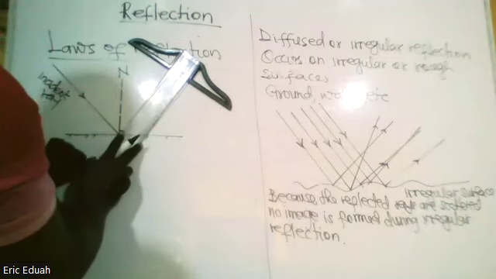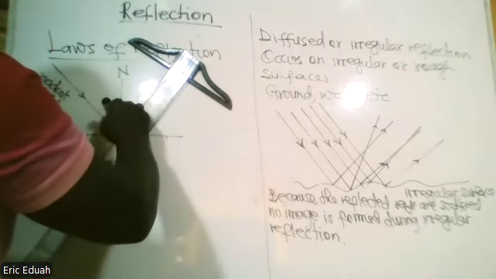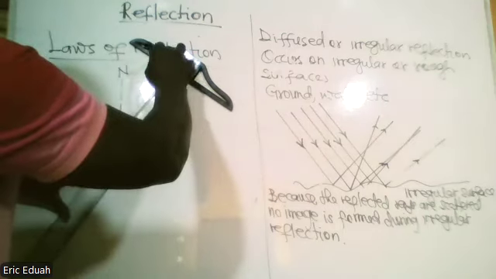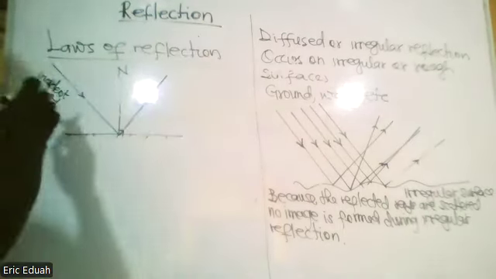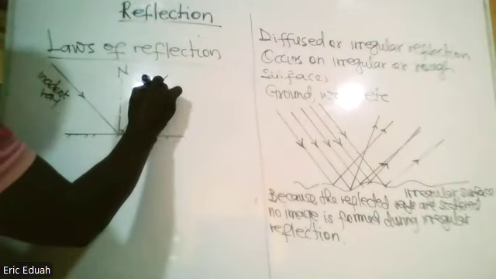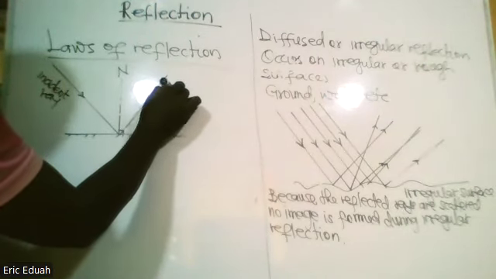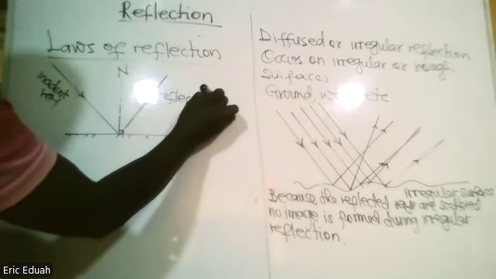Good. So this is the incident ray. This is the reflected ray.